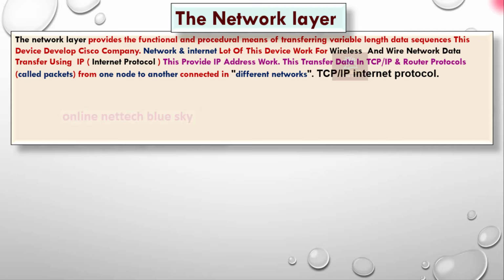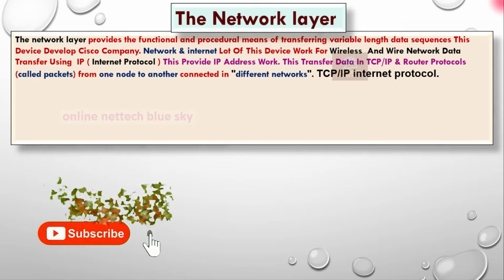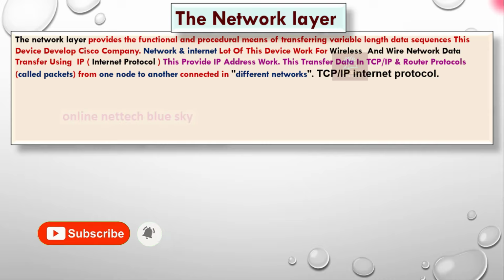Okay, they are called packets. Your data, in a simple computer's terms, is called data, but actually on the network side it is called a packet. A packet is your data in one type of packet size, through router protocol, TCP/IP protocol, transferred from one node to another connection.